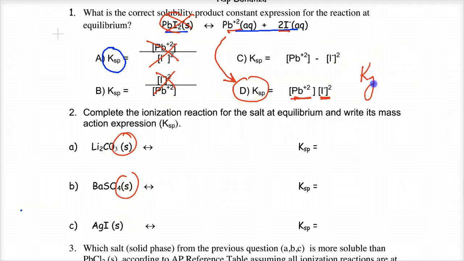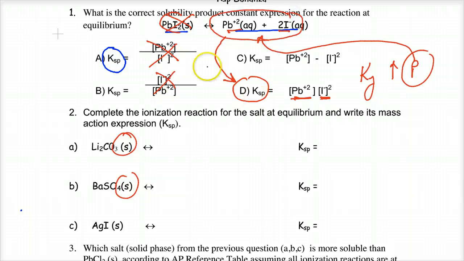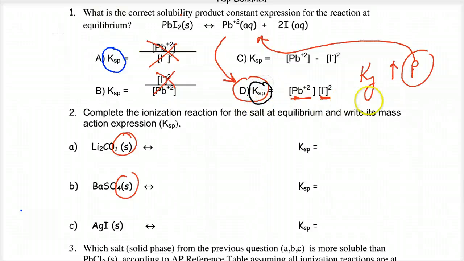When the Keq is high, there's more products. Well, who are the products? The ions. So when it is a solid breaking apart into ions, an ionization reaction, the equilibrium constant we call a Ksp because we call it a solubility product. The value of the Keq or Ksp, if you want to call it that, is the product of these ions.